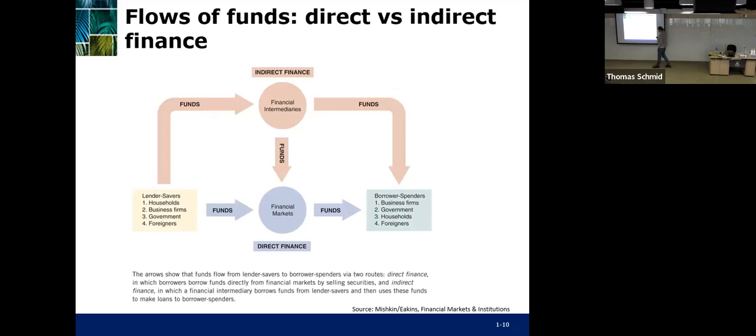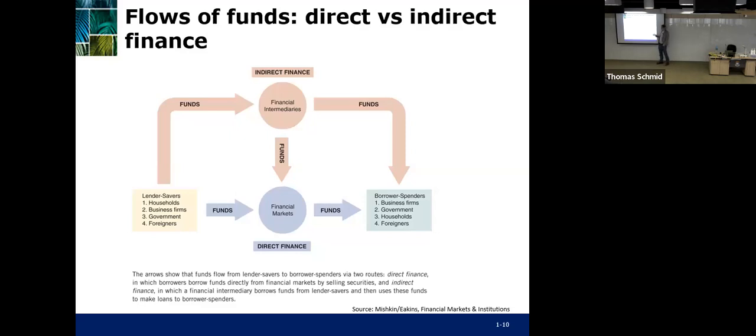In this picture we have this yellow box and the green box, and those two are the starting points. These are lenders, savers, and borrowers, spenders. In the yellow box we have entities that have excess cash, excess funds. And in the green box, we have entities that are in need of funds.